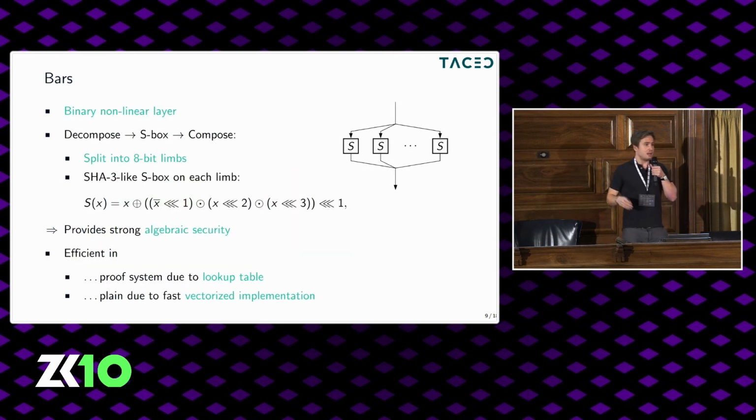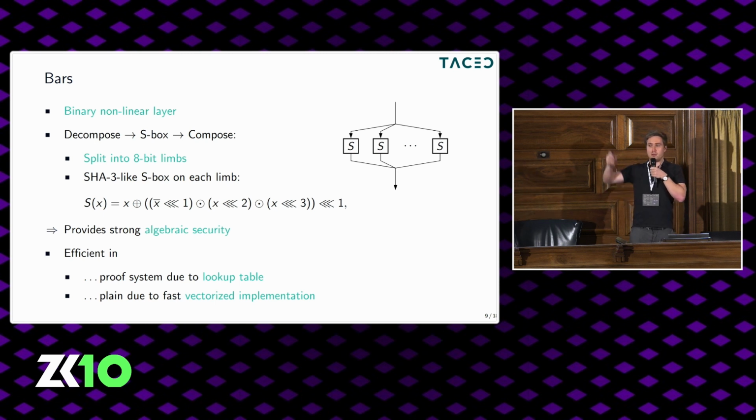So finally, where the most important innovation from our design comes from is actually the bars function. So similar to Reinforced Concrete, we follow the decompose, S-box, compose design principle, but the decomposition is actually completely different to what we do in Reinforced Concrete.